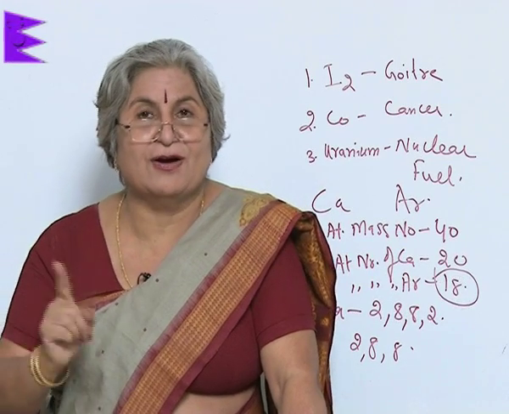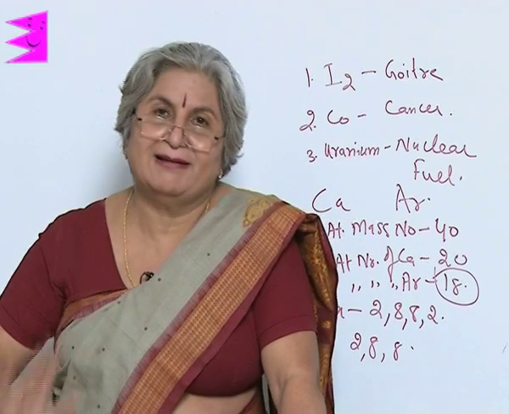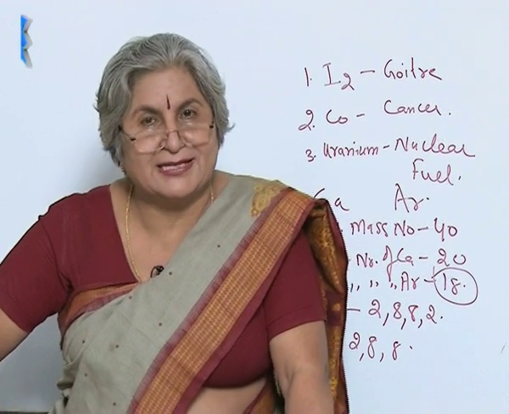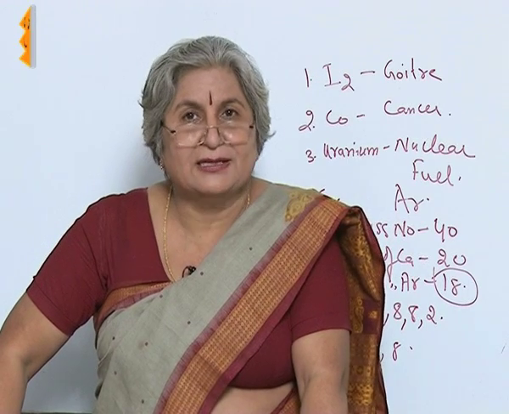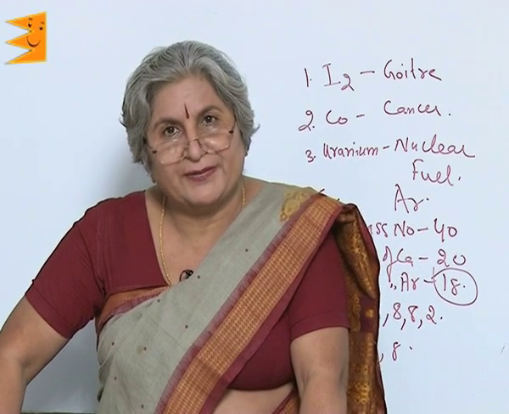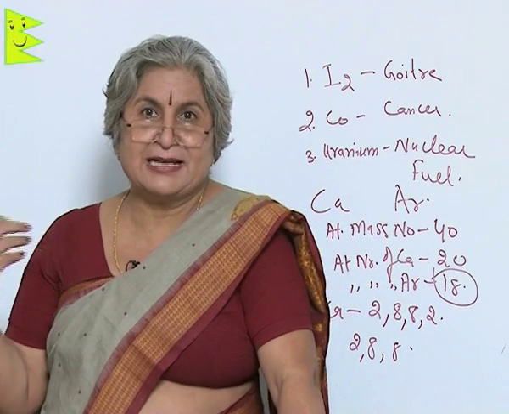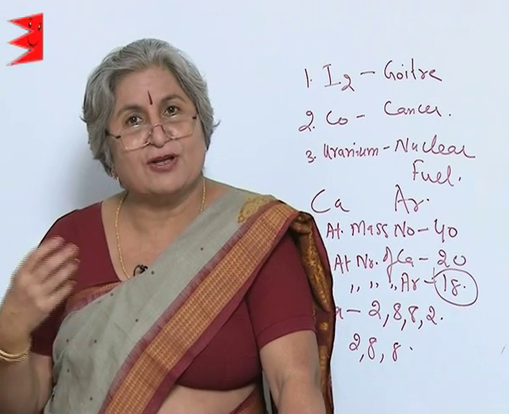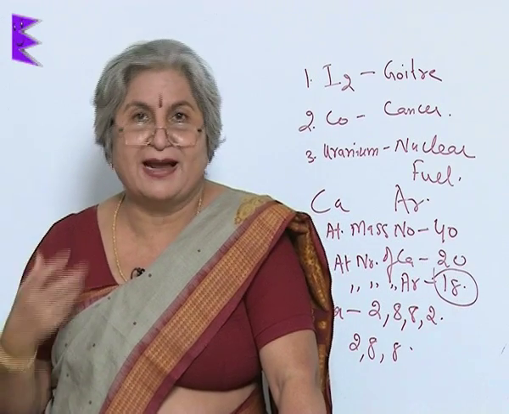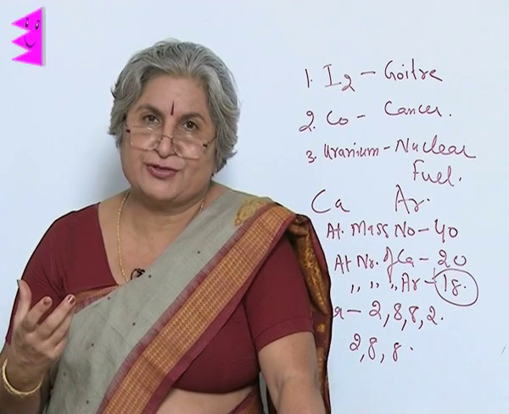It is all because of the number of electrons and how they are arranged, whether they are stable, unstable, whether they gain electrons, lose or share. Just like human beings have different personality types, similarly atoms also have different characteristics, and this is because of the number of electrons and their distribution.